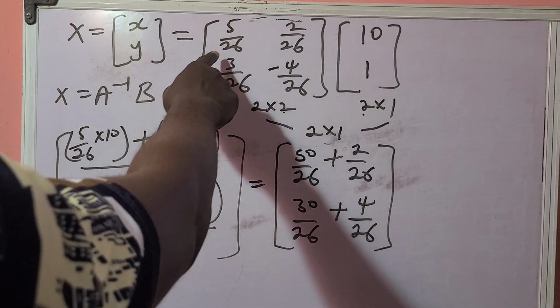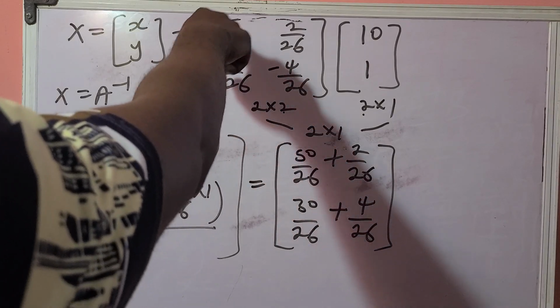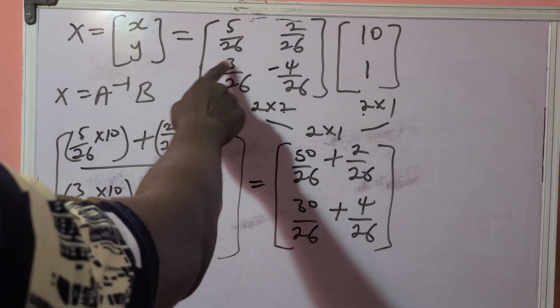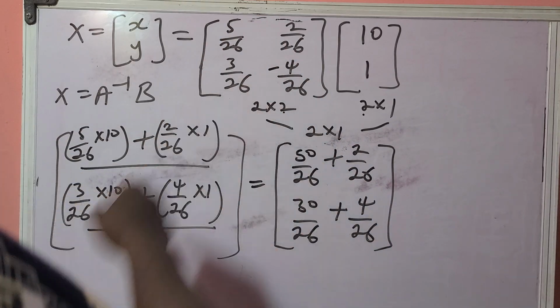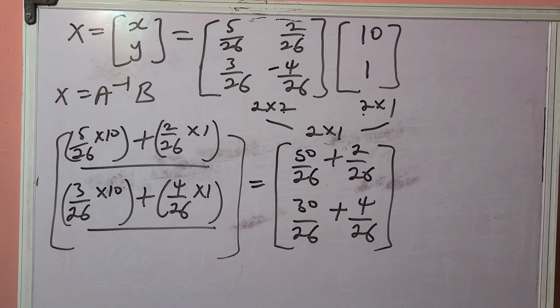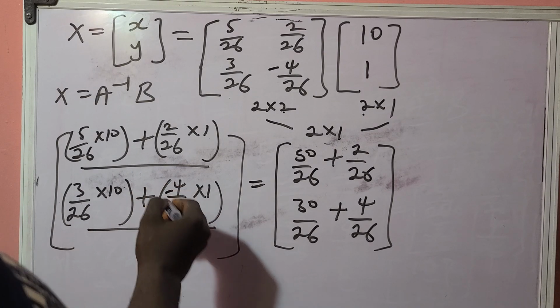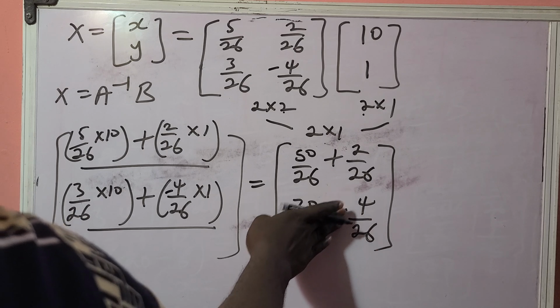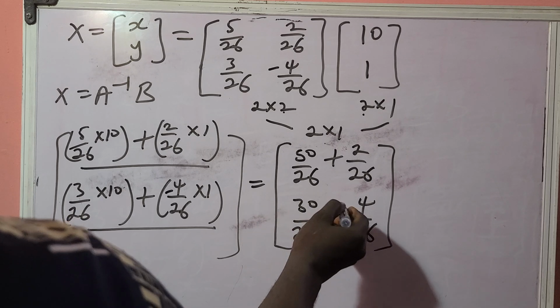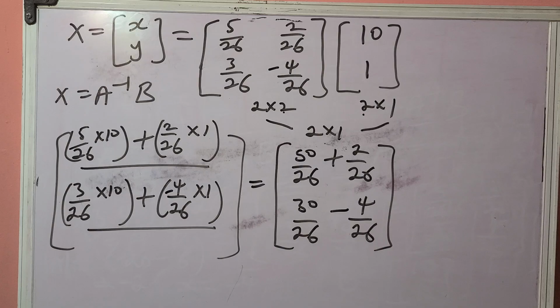Then when we divided by minus 26, the minus cancelled out on these three values, but this was going to still be minus. So this is supposed to have a minus sign. So here we're supposed to have minus 4 over 26.